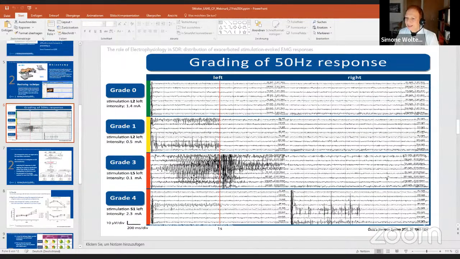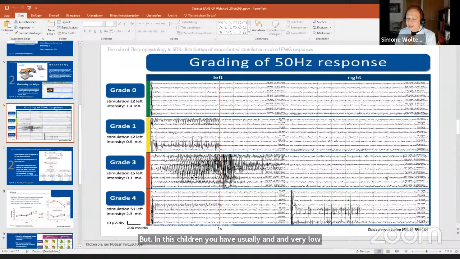The motor nerve roots have a very low threshold, but in these children you usually have a very low threshold, so it is sometimes not so easy. We help ourselves a little bit with tapping, a mechanical intervention, to see if there is a response, and then it is a motor nerve root.